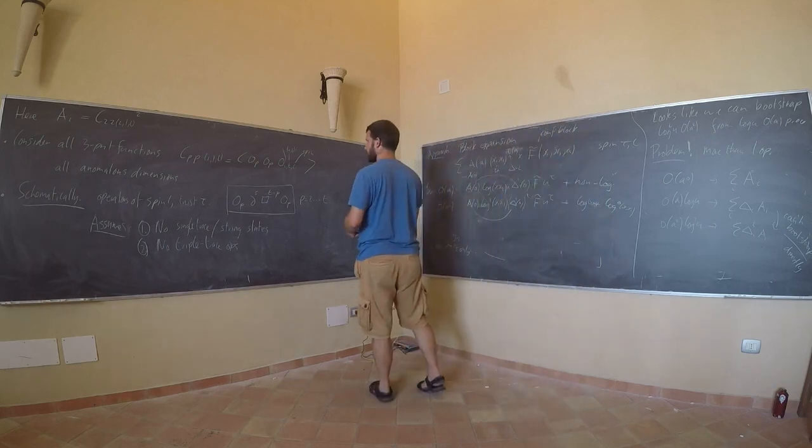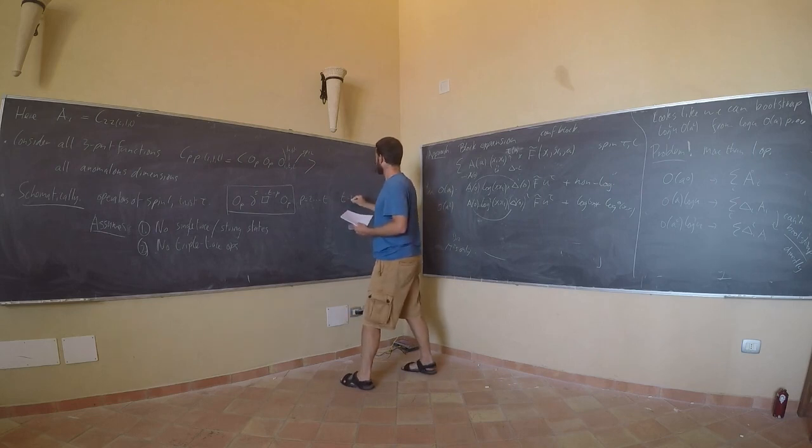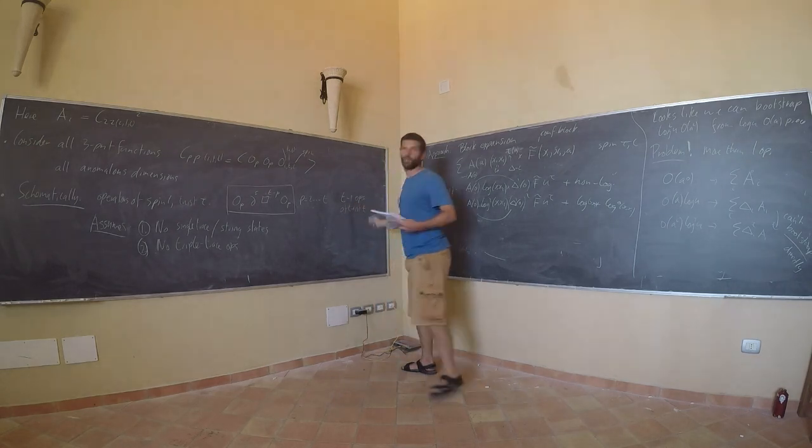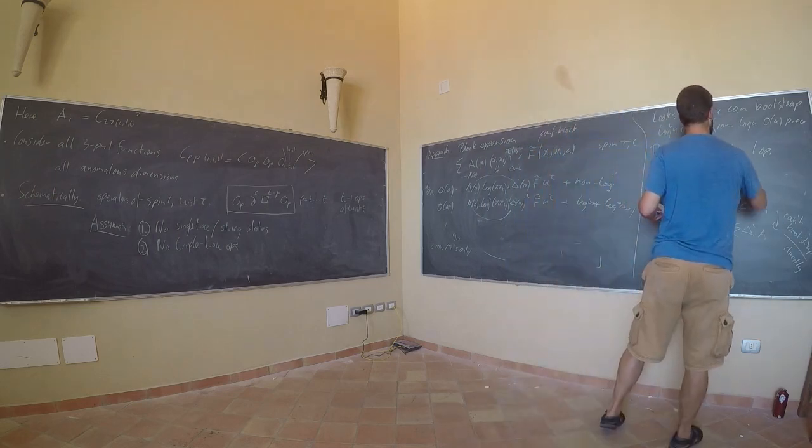So we assume that. How many operators are there? There are T minus 1 operators, T minus 1 of twist T, so this sum goes from 1 to T minus 1.